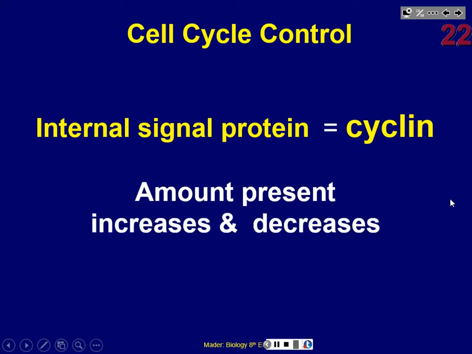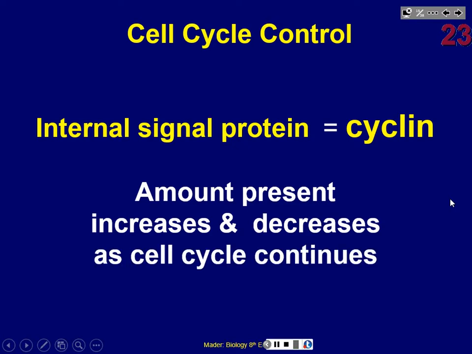The amount of cyclin in the cell is a signal to the cell telling it that it's okay to continue. So cell division going from G1 to S to G2 to M is under very, very strict control. So the amount present increases and decreases as the cell cycle continues.